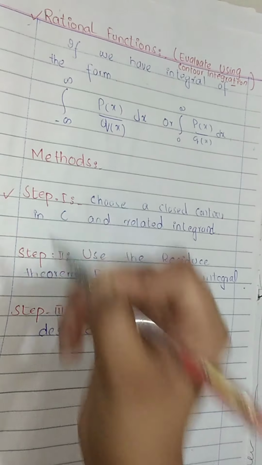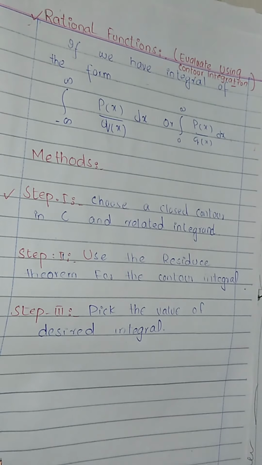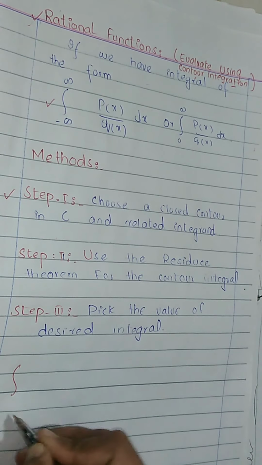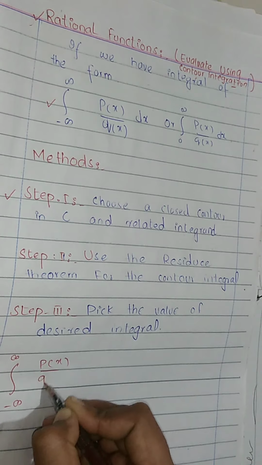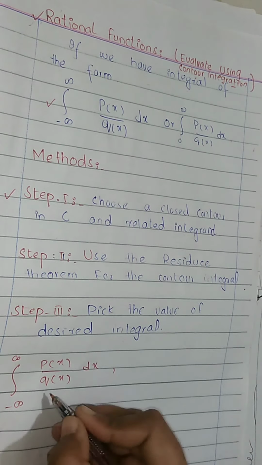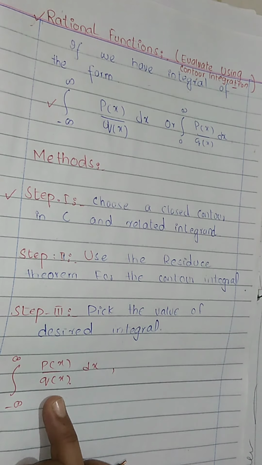First step is to choose a contour in C and the related integrand. If we have a function like minus infinity to infinity p of x over q of x, it has two conditions: p of x and q of x should be rational.